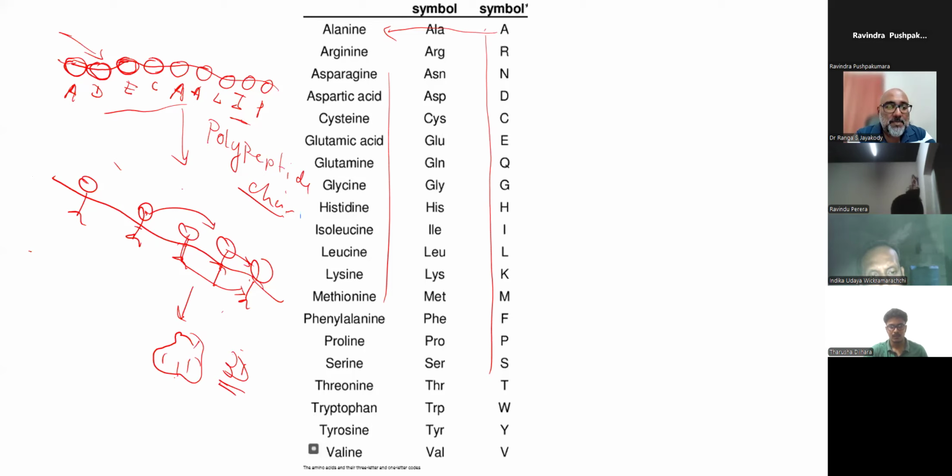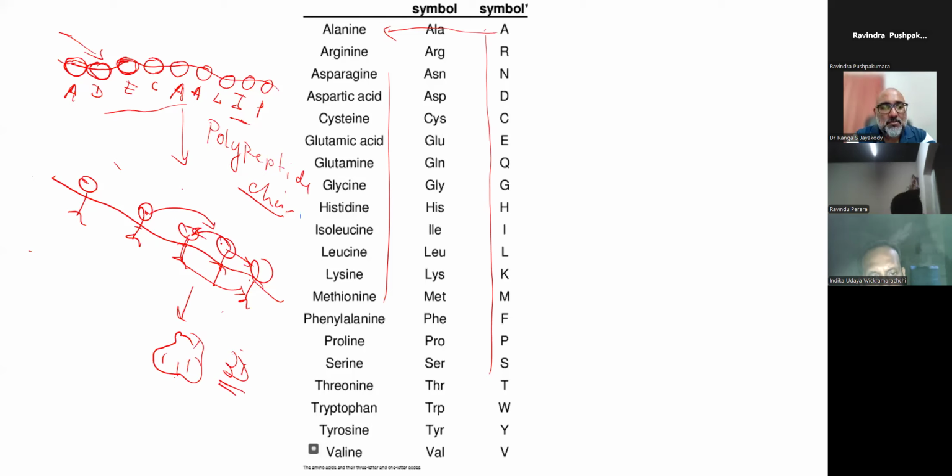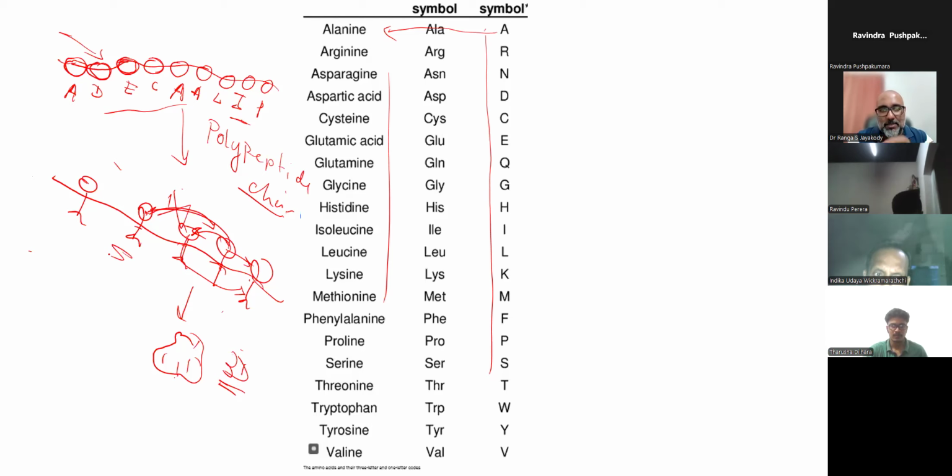Now it all depends on who talks to who. Maybe this guy likes this one, but he doesn't like that one, so they don't want to talk. So the third one tries to stay away from the fourth one. You understand what I mean? So the final shape that you get depends mainly on who is sitting next to you.